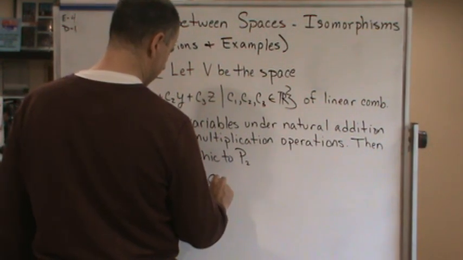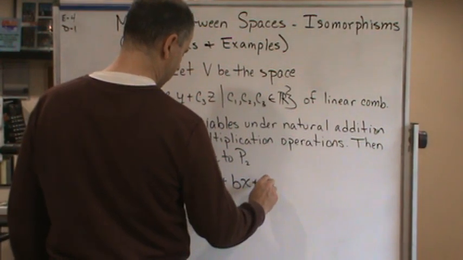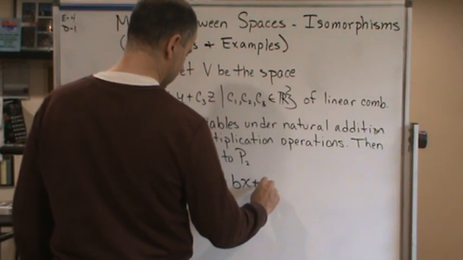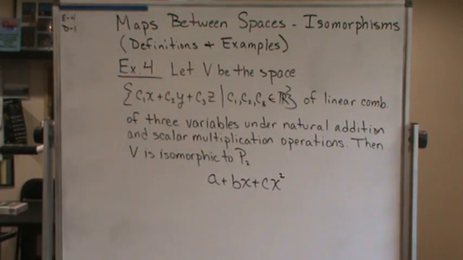Let's just do A plus BX plus CX squared, right? And so we want to show that that is the image of some value in the domain, right? So we're going to go and rewrite this. Okay, and again, it's going to be pretty straightforward.